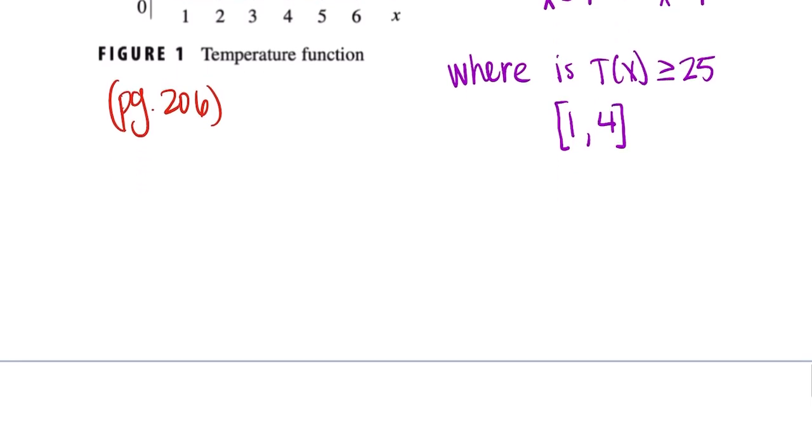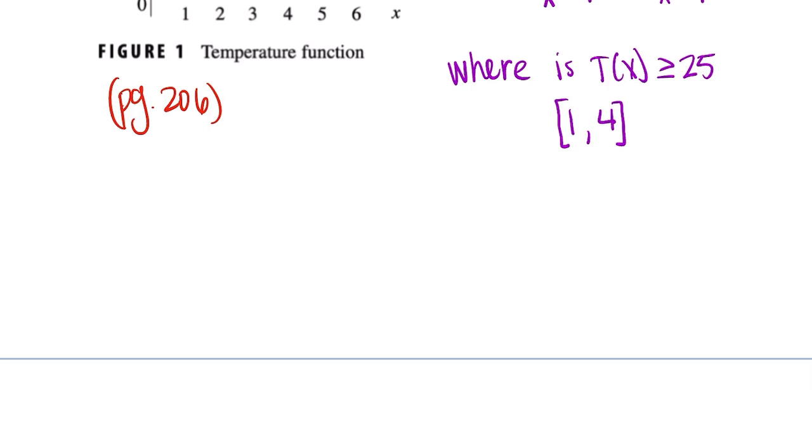Okay, so the next thing we're going to look at is, what if I want to find the domain and range? So I'm going to draw a graph up here.